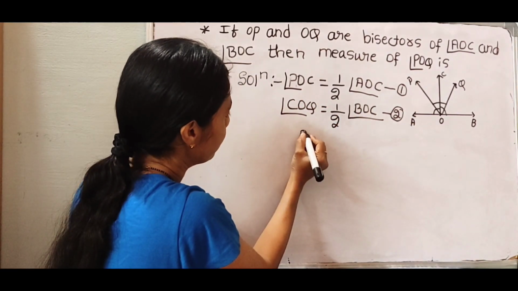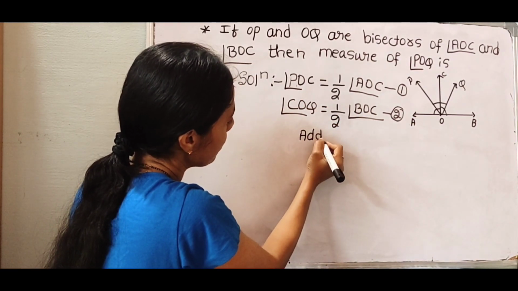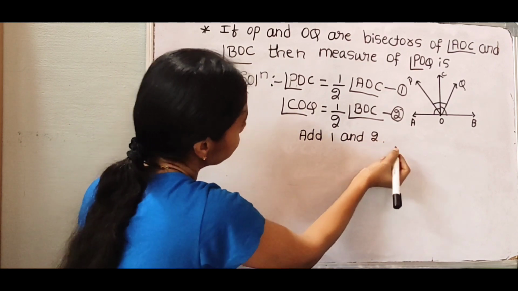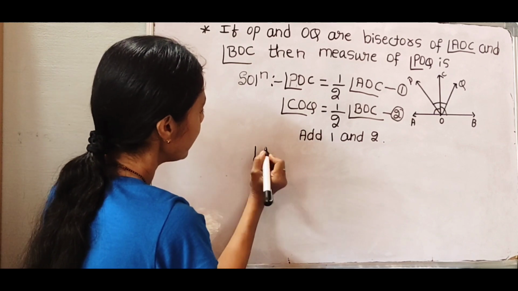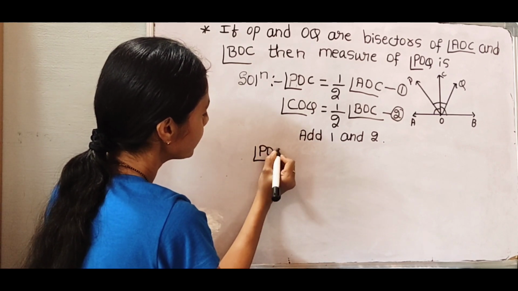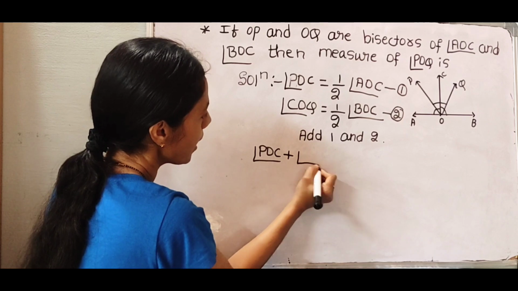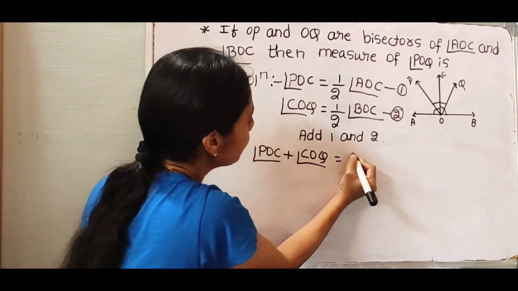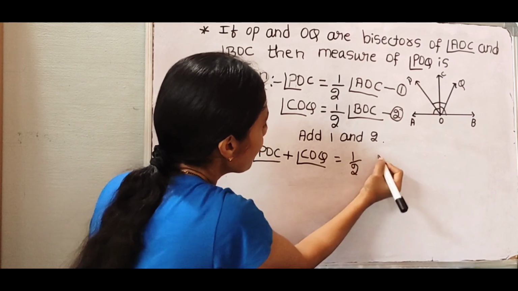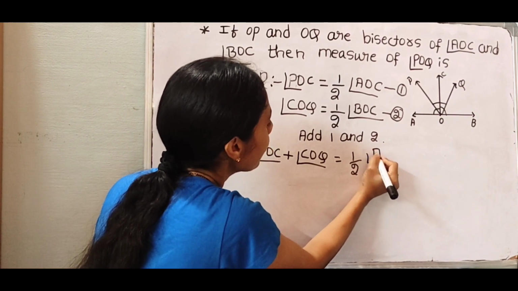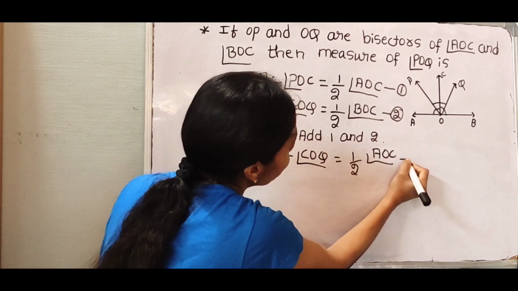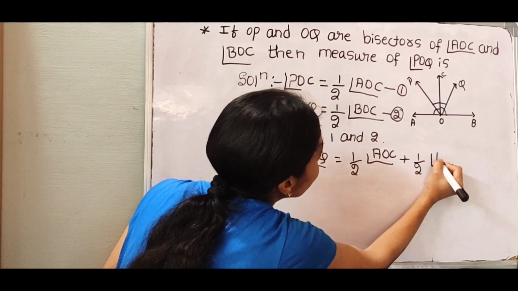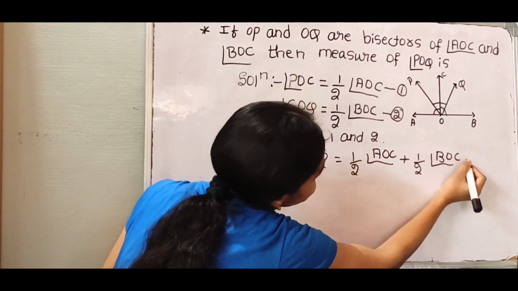Add 1 and 2. Add these two. Angle POC plus angle COQ is equal to half angle AOC plus half angle BOC.